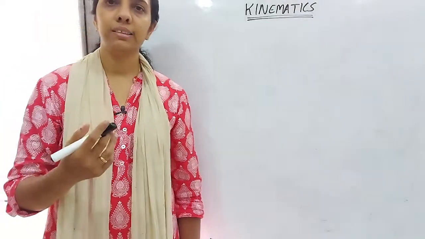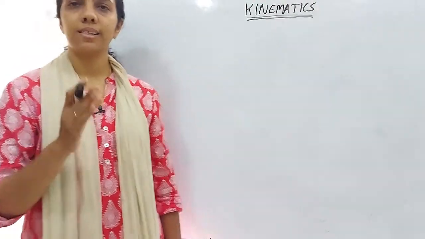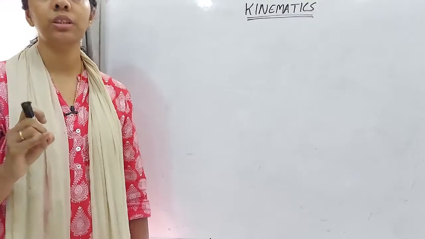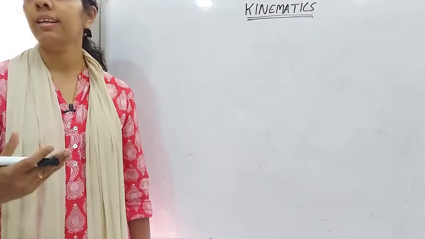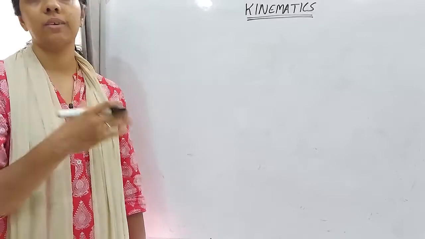So already we learned in the previous two classes about the graph in uniform motion and uniformly accelerated motion, first retardation and then acceleration. Those graphs we learned.